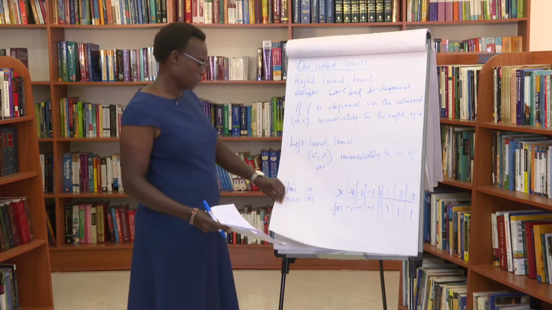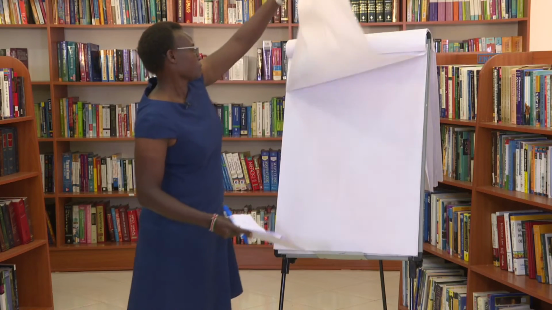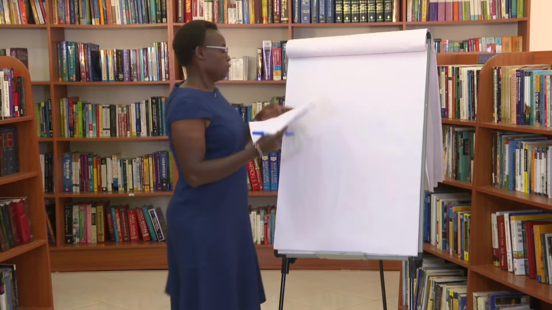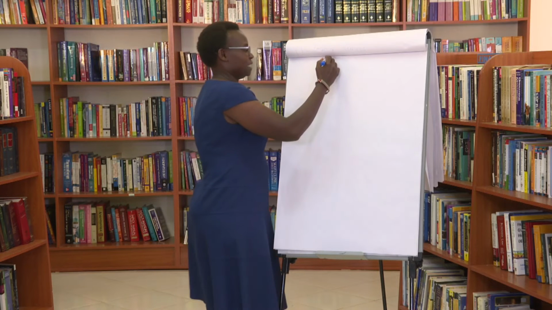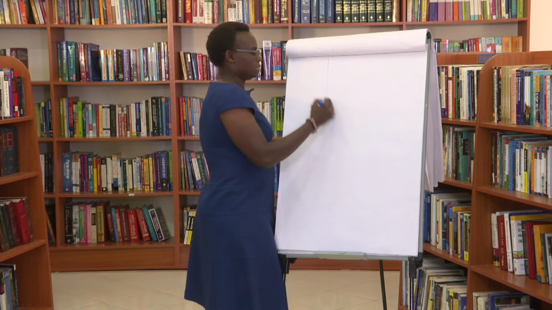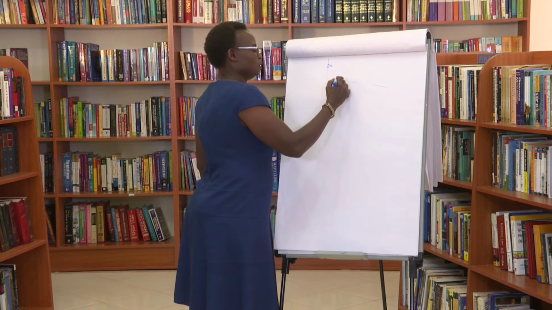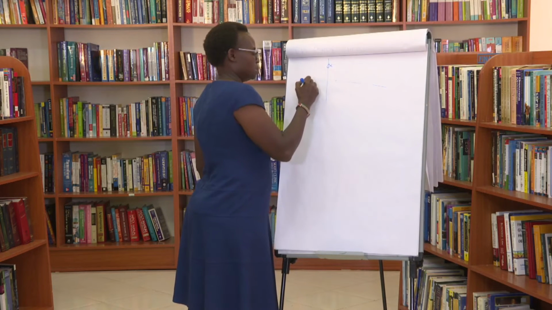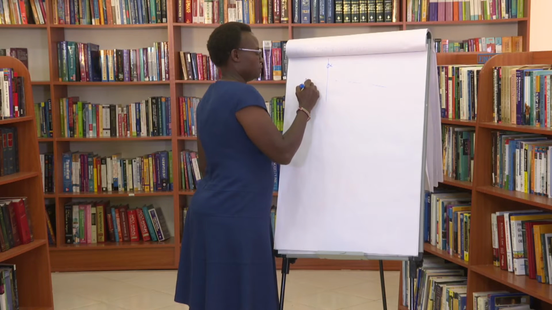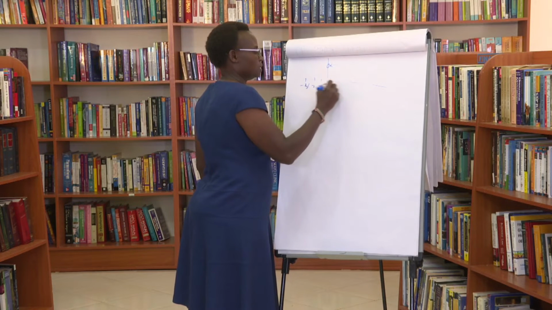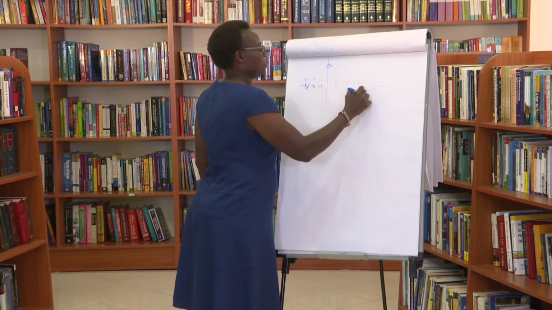If we sketch this graph, as we did then, we have the negative values -3, -2, -1 and the positive values 1, 2 and 3.